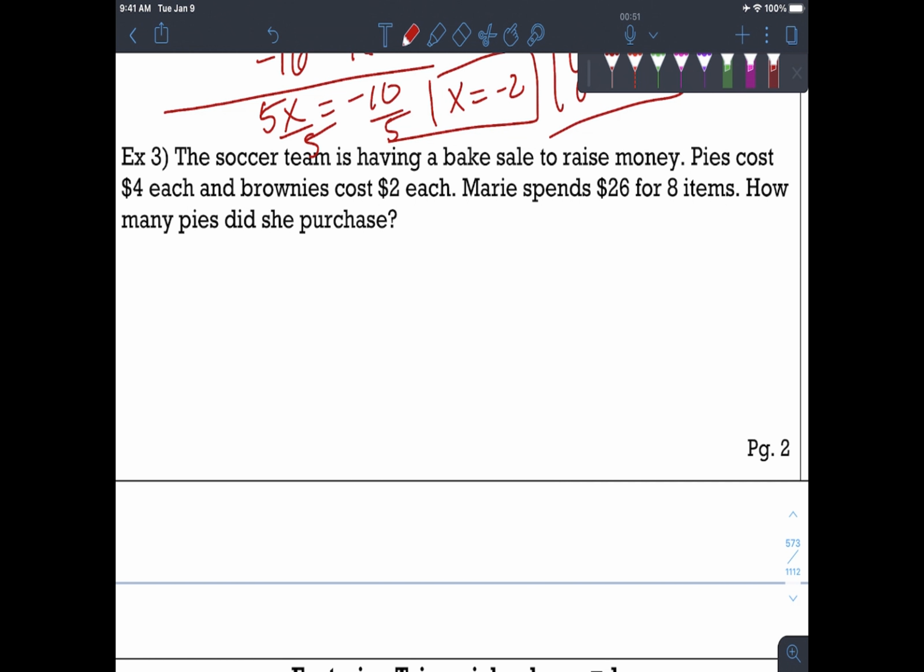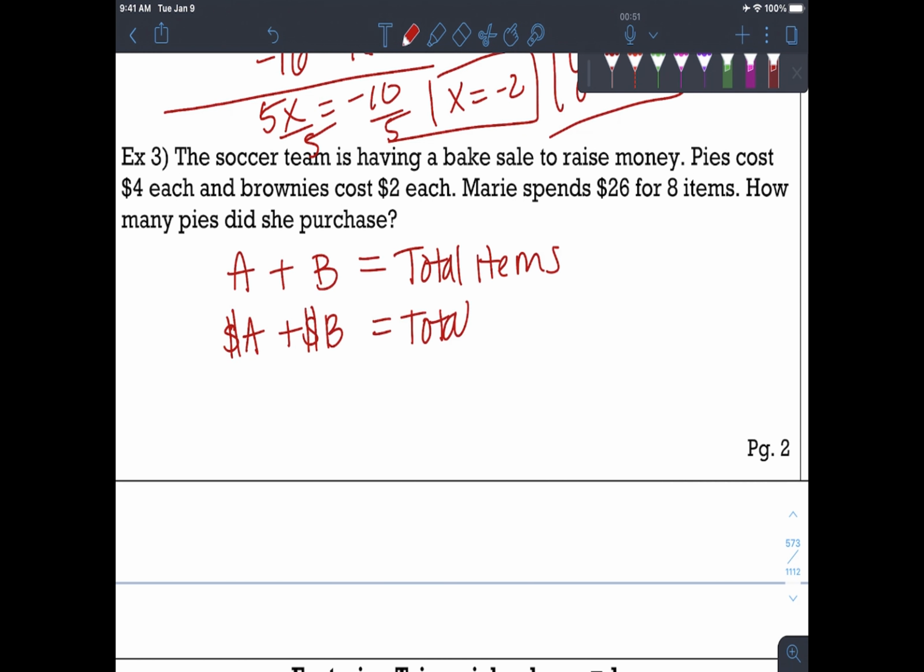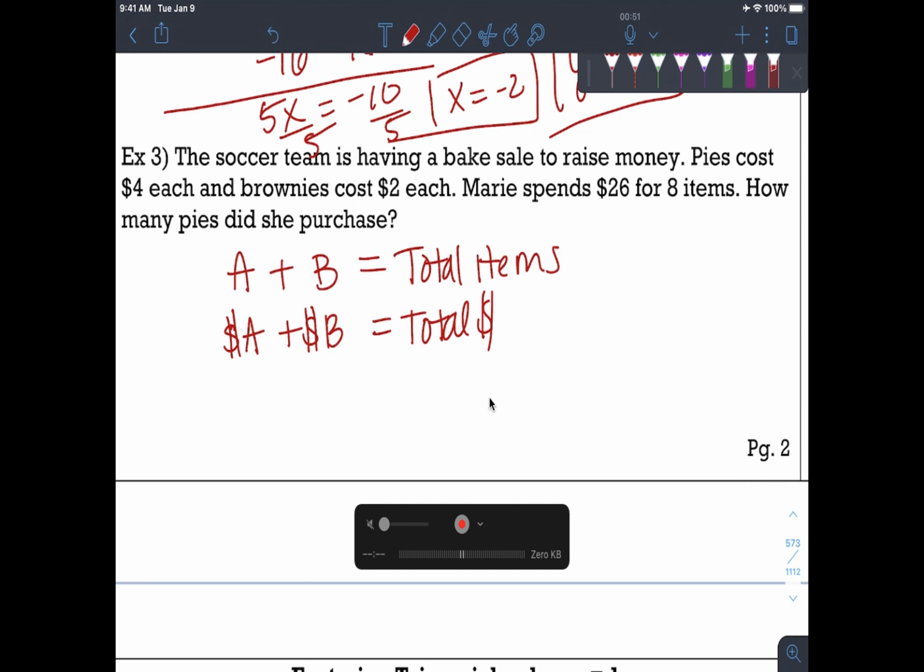I'll just call them items A and B. That's usually the form that they're going to follow, this standard form, okay?